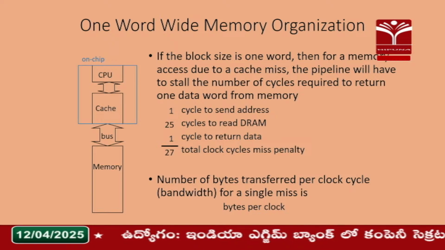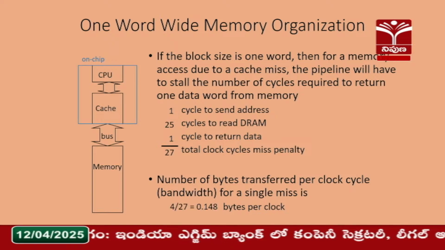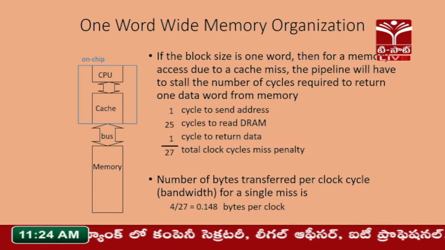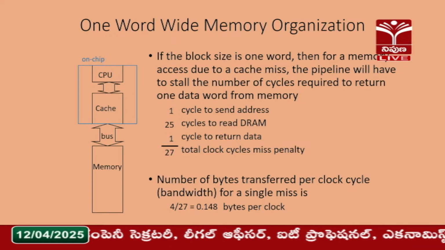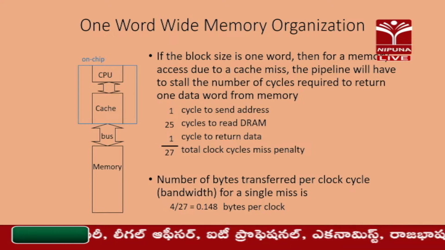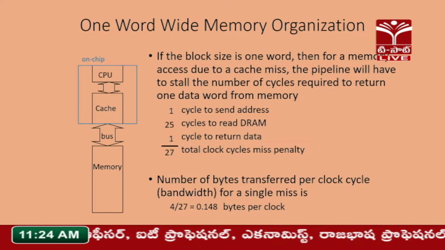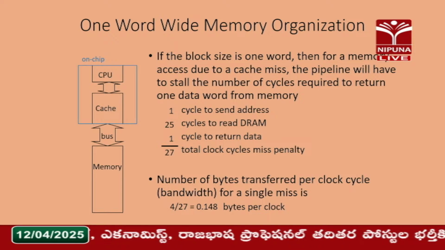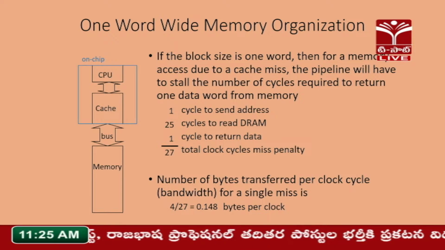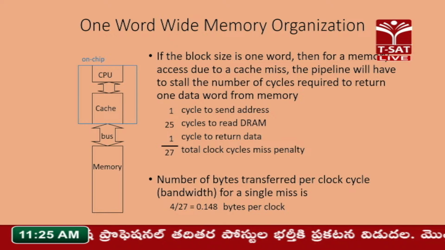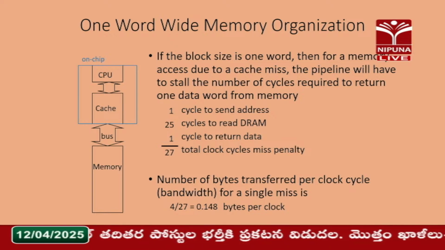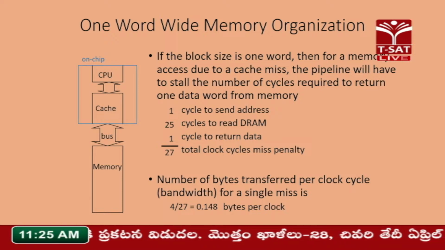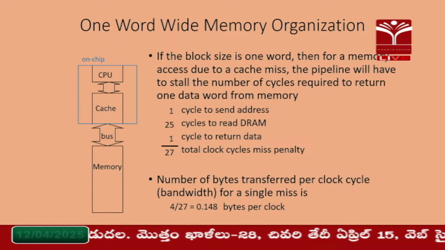The total number of bytes transferred in this case is 4 bytes, since a 32 bit word is 4 bytes. So, with 27 clock cycles, the throughput is 0.148 bytes per clock, right. This is a very simple example where I am computing the bytes per clock cycle to determine the bandwidth of the bus. Okay. So, in these 27 clock cycles, I am transferring 4 bytes.